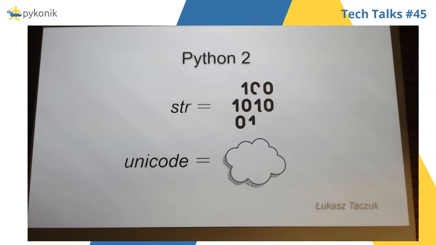You should think about this like so: strings in Python 2 are just binary data. They simply are bytes. These are just ones and zeros, whereas Unicode is this abstract thing, and I cannot stress this enough. Unicode is the abstract value that signifies something that we usually call a string, but it's not a string in Python 2.